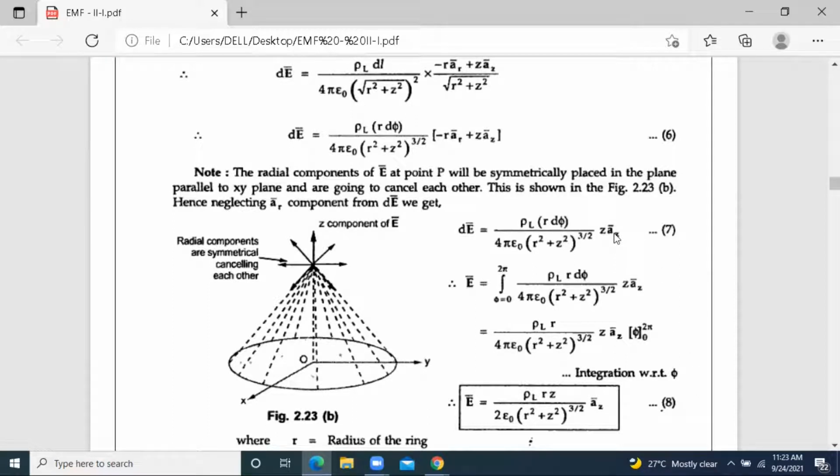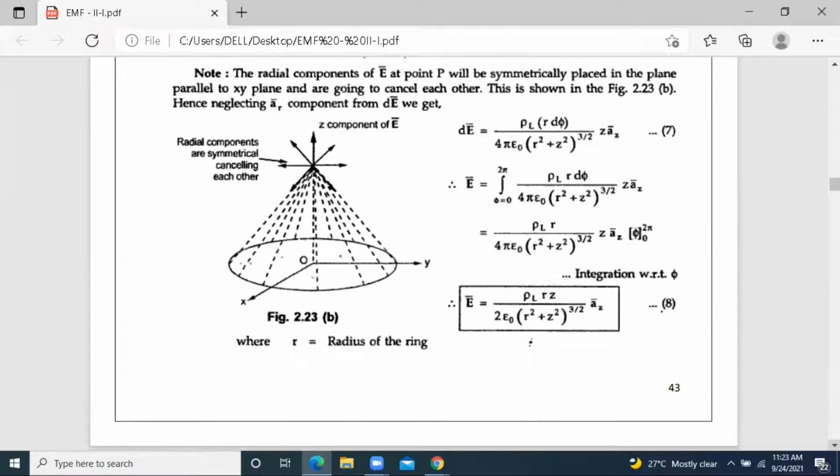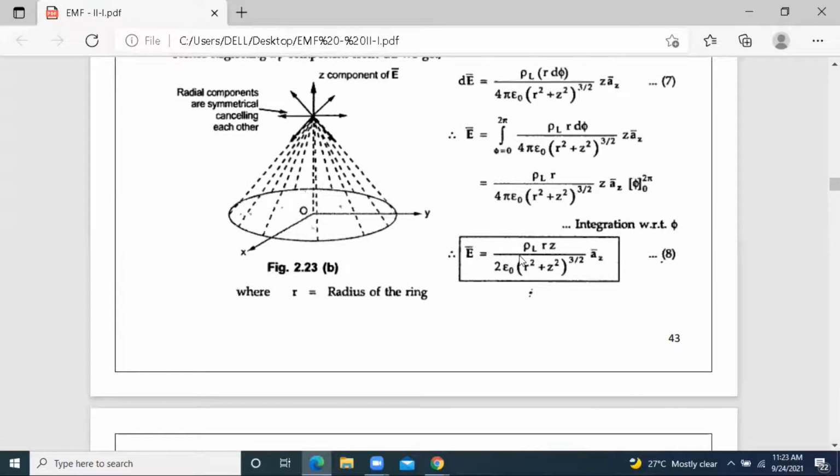So then your E becomes the integral from 0 to 2 pi of this, which works out to this. So this would be the electric field at a point P of a circular ring of charge.